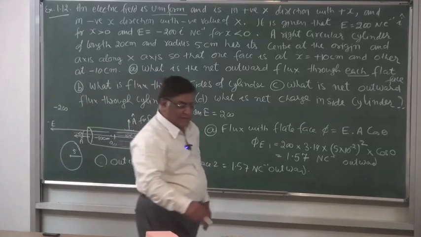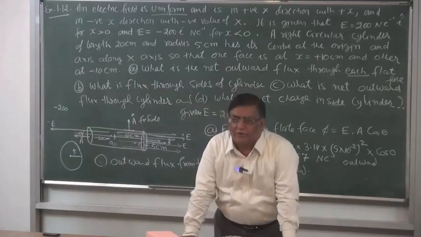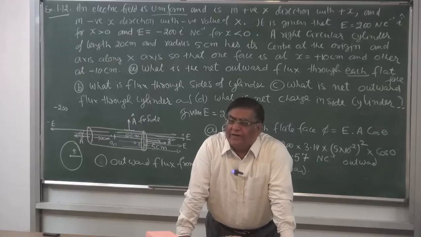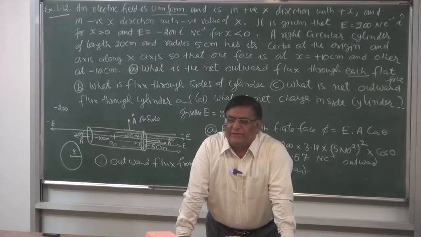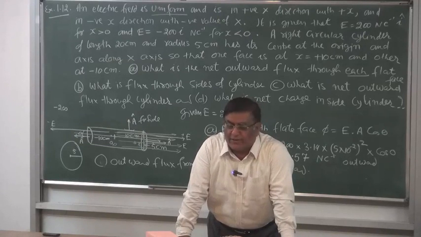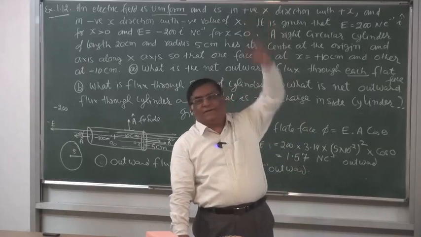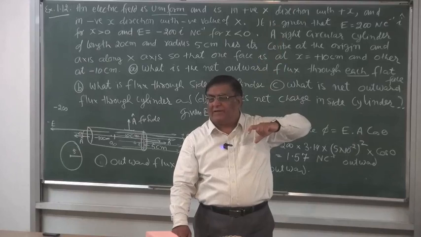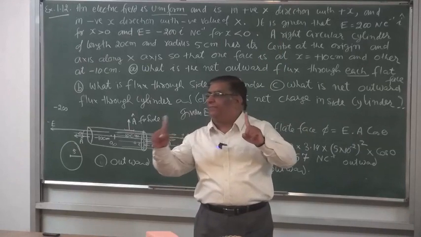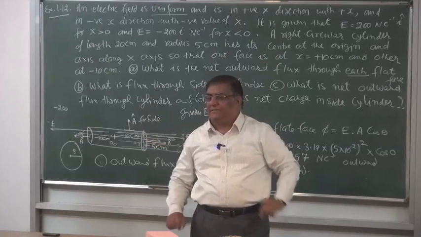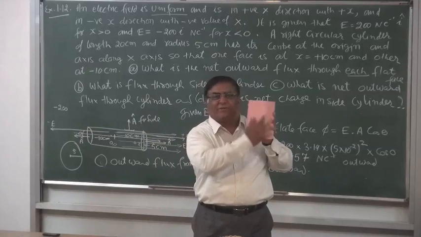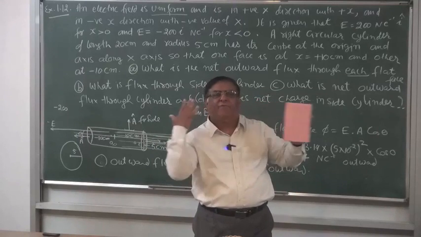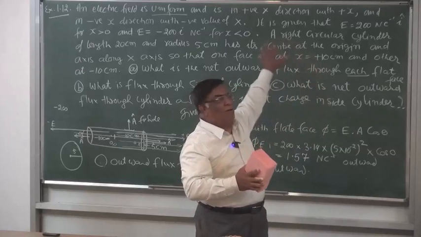Now, in the next class we will do how to apply Gauss theorem to find electric field for charge distributions. There is a very long wire which has charge distributed on it. Because of that, what will be the electric field here at a certain distance? There is a charge distributed on a very large surface like a wall.